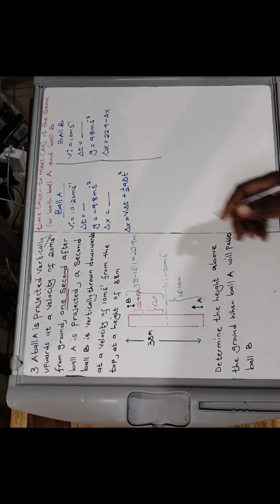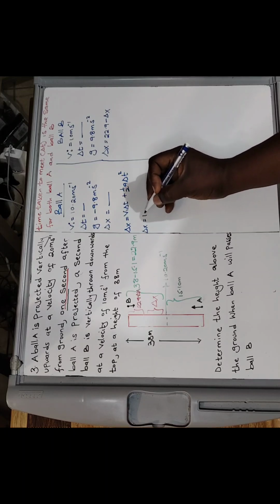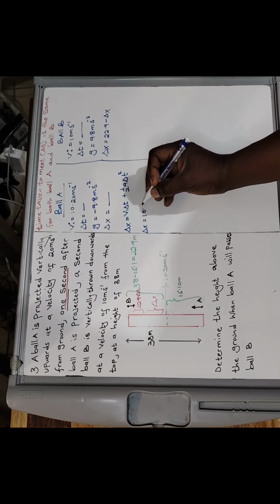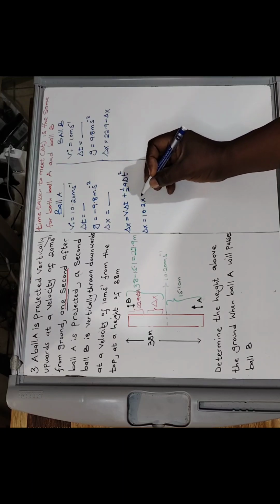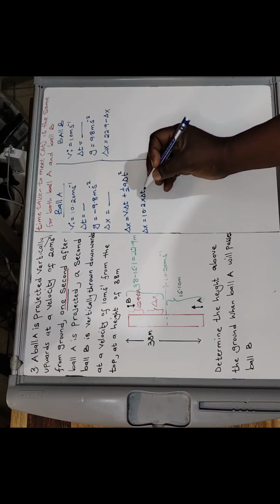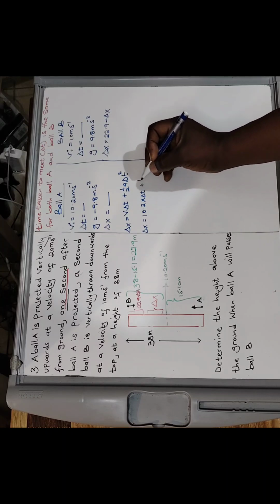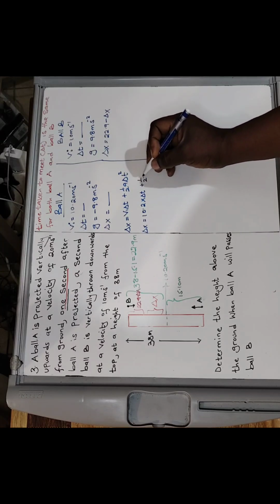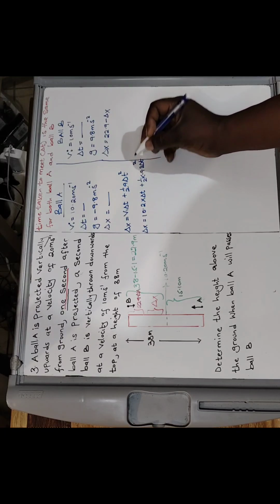So when you substitute in, our delta x is there, vi is 10.2, and time is that delta t, plus a half times negative 9.8 delta t squared.